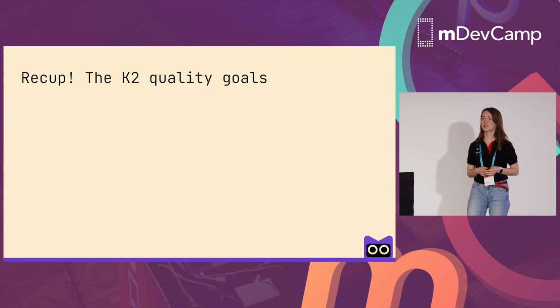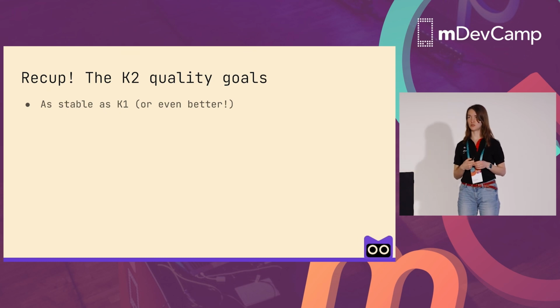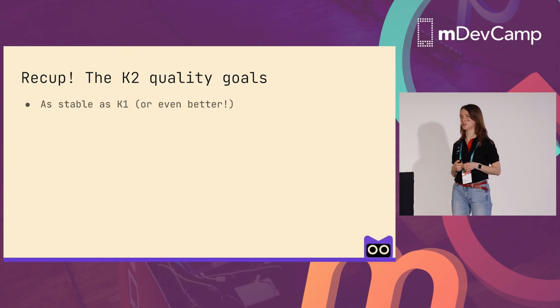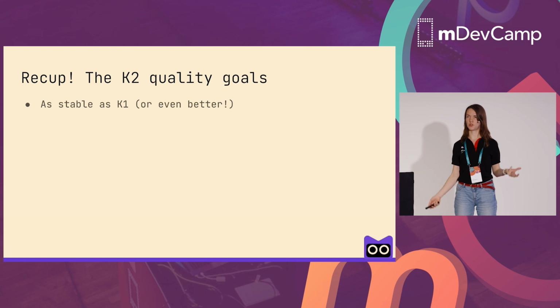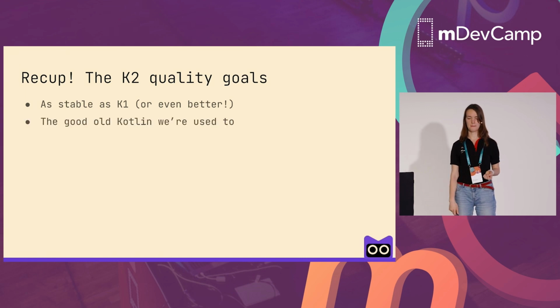Let's see if we have achieved all our quality goals. So, K2 has to be as stable as K1. We have compiled so many different user projects, so much code, to make sure that every user scenario is covered now and works as well as before.